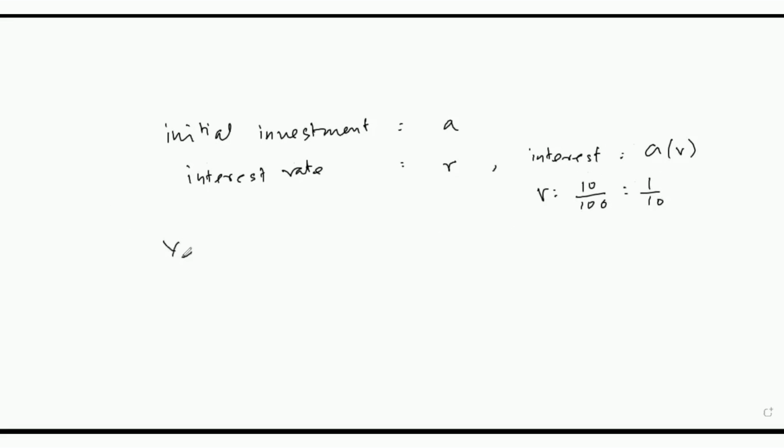So year one, you have your initial investment, and then you earn this much amount of interest.